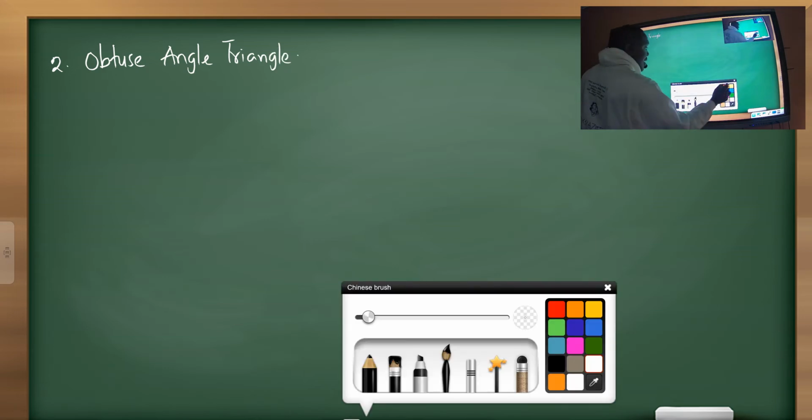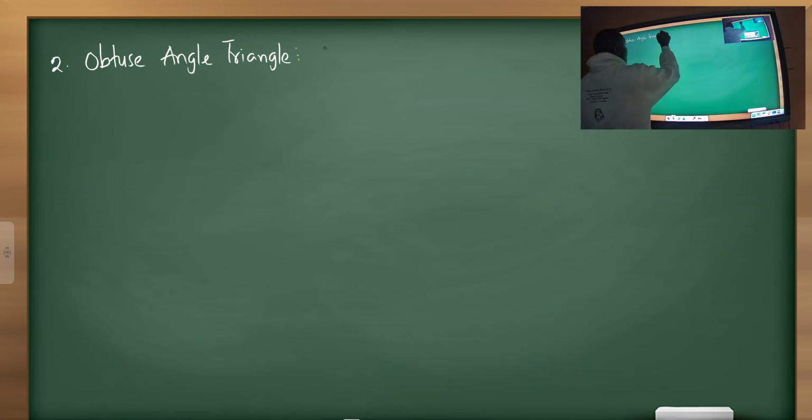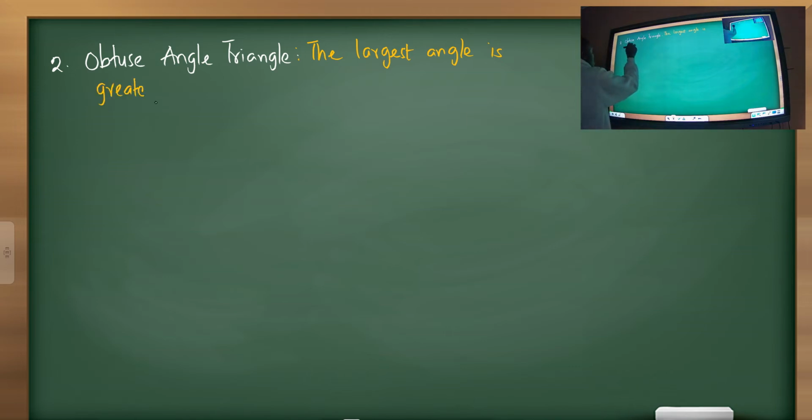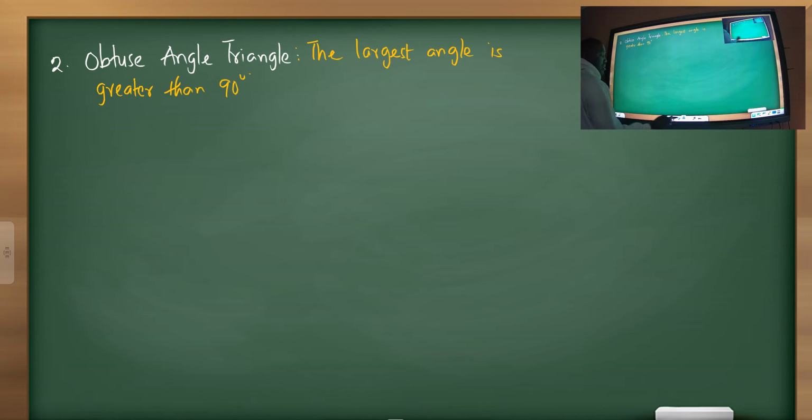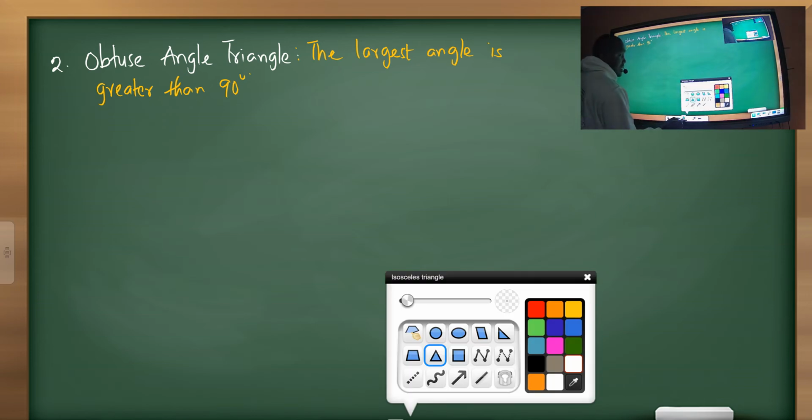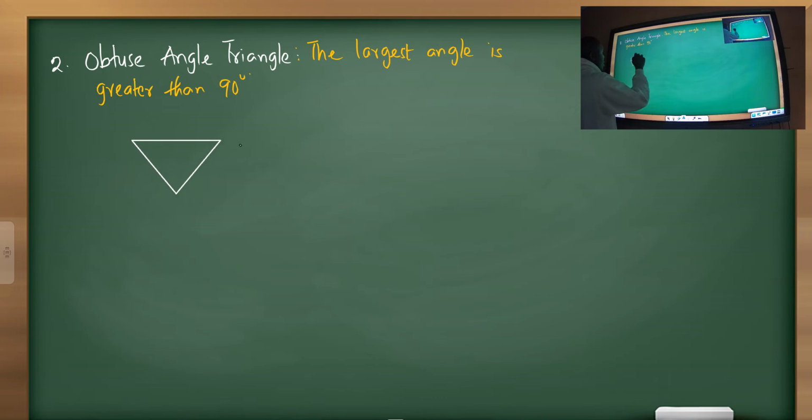Here we can say that the largest angle is greater than 90 degrees. The largest angle is greater than 90 degrees.